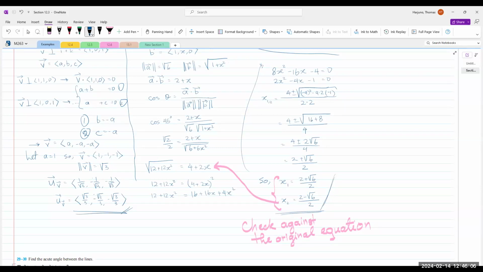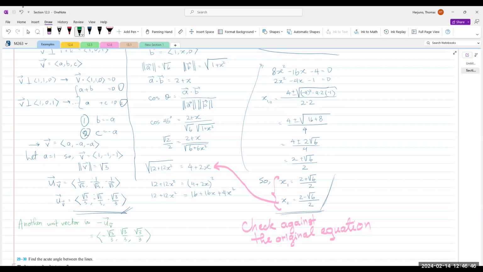Now, maybe a little comment. The other unit vector is the negative of this one, which is (-√3/3, √3/3, √3/3).